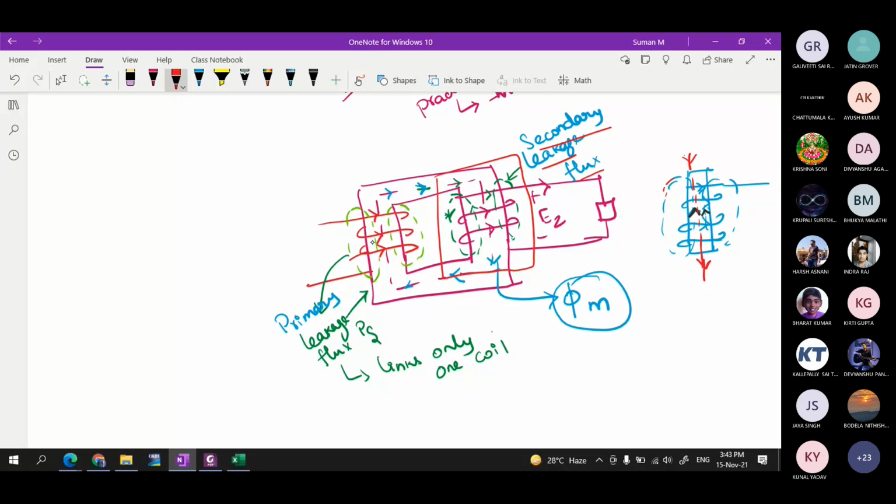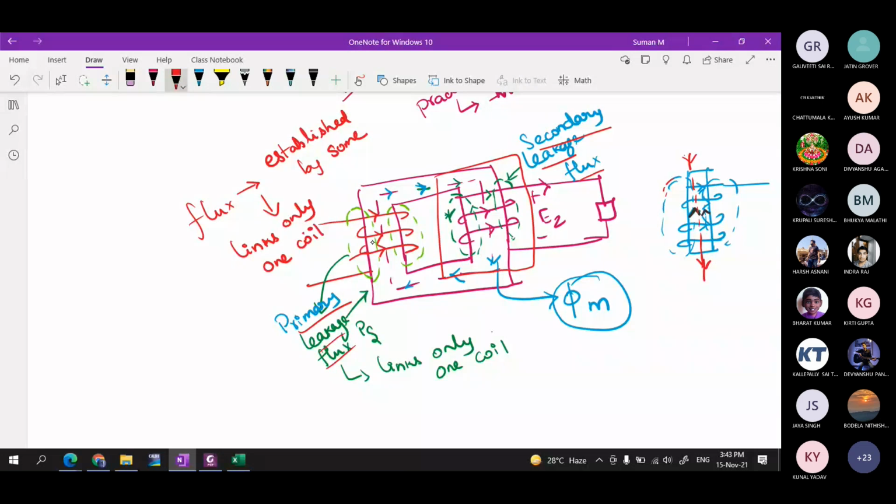Similarly, this flux is developed on the primary side, so we are calling it the primary leakage flux. Is it clear? It is the flux which is established by some current, but it links only one coil, not both the coils.